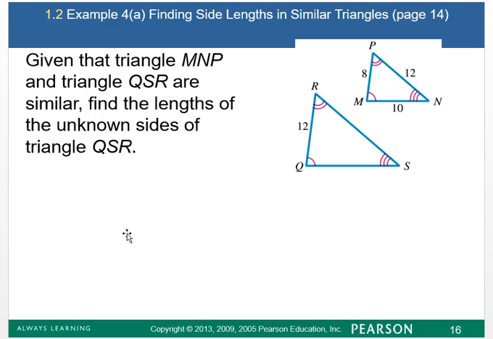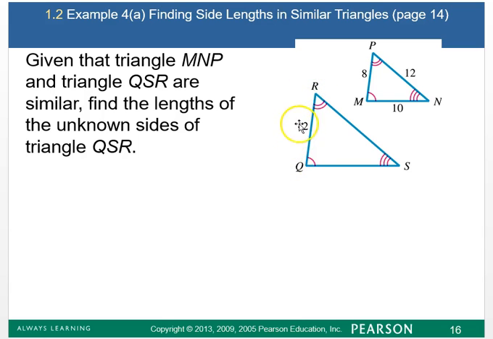Now this one also deals with similar triangles. Given that triangle MNP and triangle QSR are similar, find the lengths of the unknown sides of triangle QSR. Going along with knowing which angles correspond to which angles, we should know which sides correspond to each other.